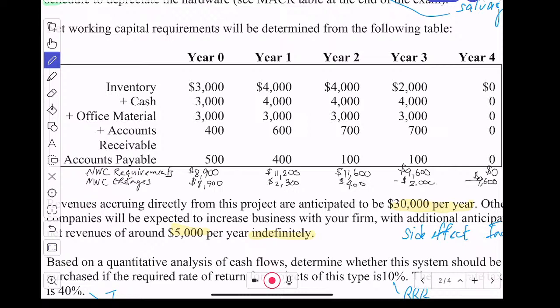And lastly, I'm going to turn this into net working capital investment cash flows. I've got to turn these into cash flows for investment. So that would be, from the perspective of the firm, 8,900 in the first year, or immediately, 2,300 by the end of the first year, 400, and then the released amounts.